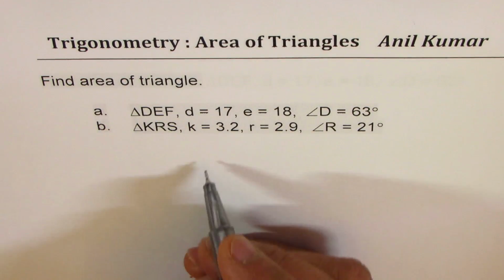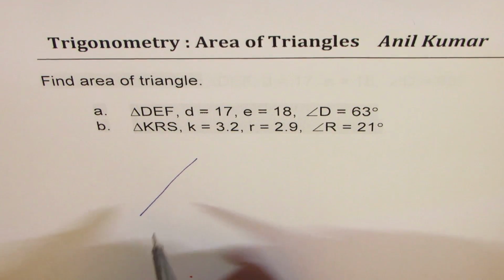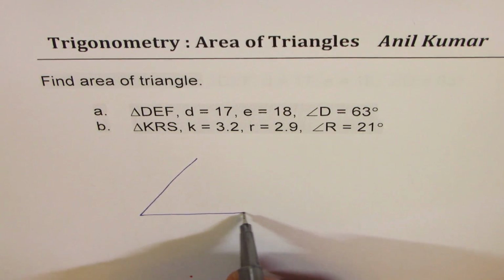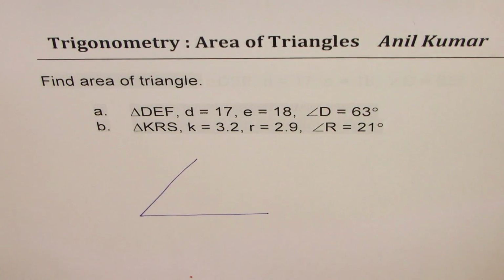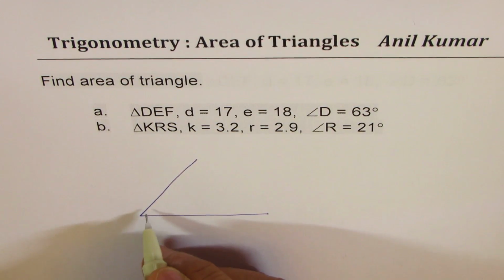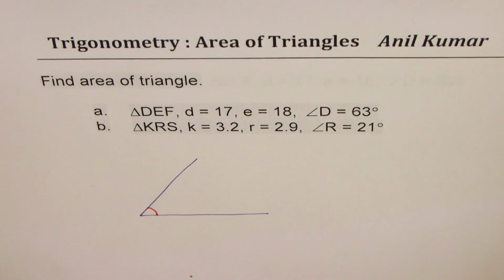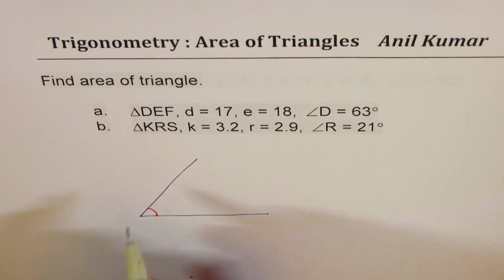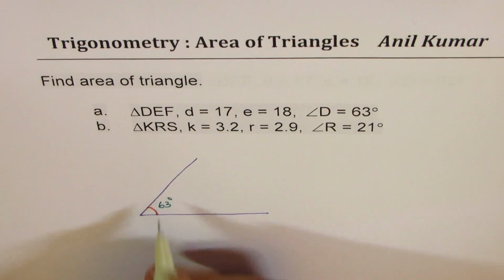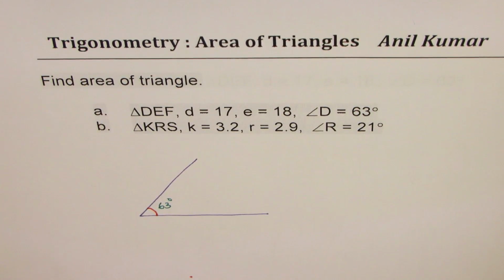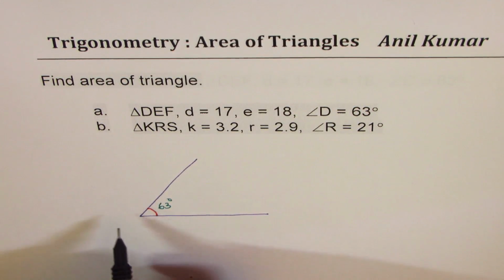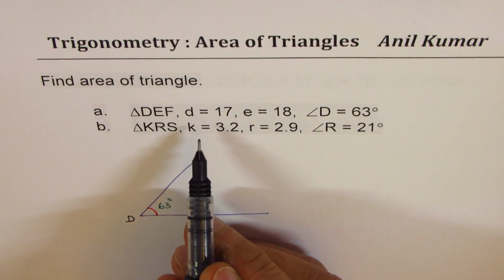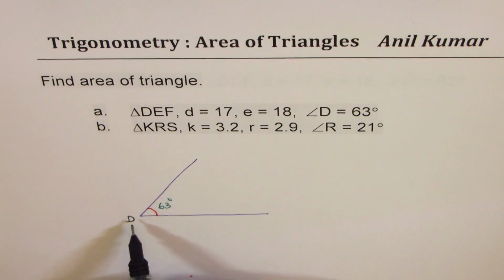So let's first make this triangle DEF. Let's say that this is the angle given to us, angle D, which is 63 degrees. Now in this particular triangle, we are given side length D, which is opposite to this, as 17.